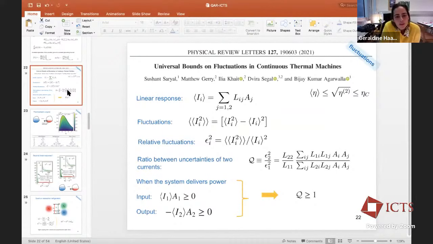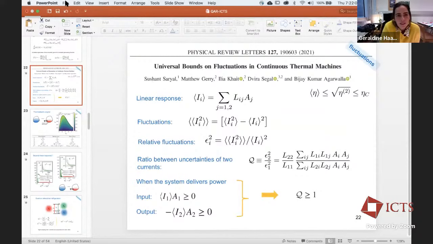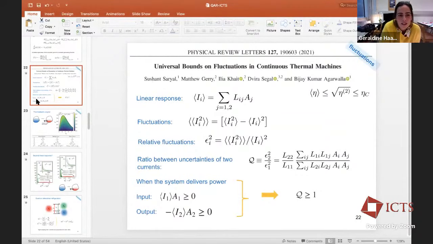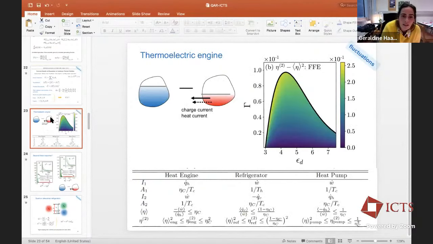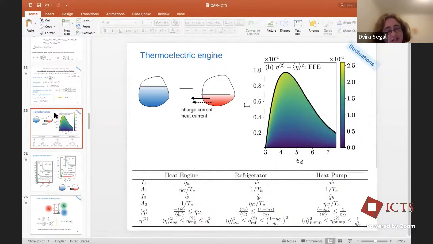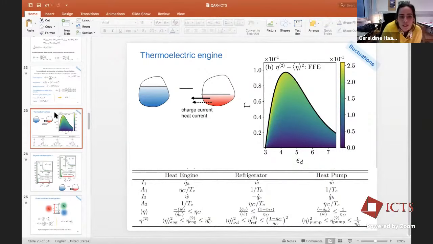I was wondering, do you know how Q behaves for different tasks, for instance heat rectification, or if it produces quantum correlations? There are different things, and I'm wondering if you looked at it or not. No, we didn't look at it.